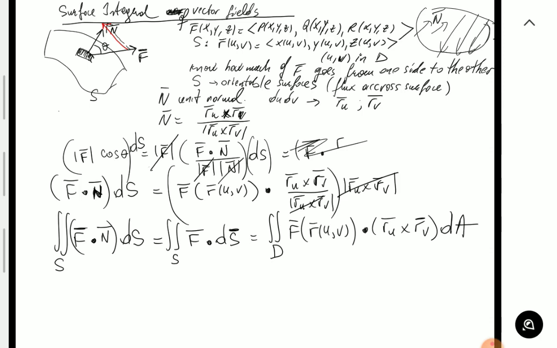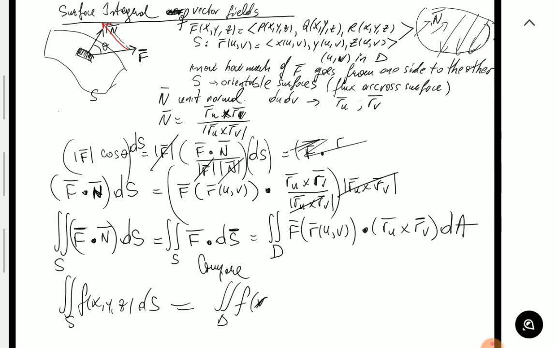Okay, so let's compare with the surface integral of scalar fields, right? If you integrate a scalar field, it's kind of the same idea: you evaluate the scalar field at the components of the surface, but then you multiply by the magnitude of the cross product of Ru and Rv. It's still a double integral.